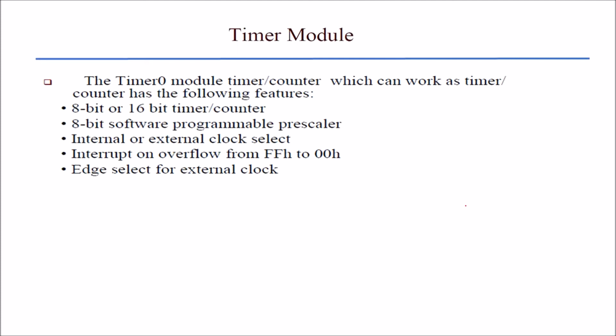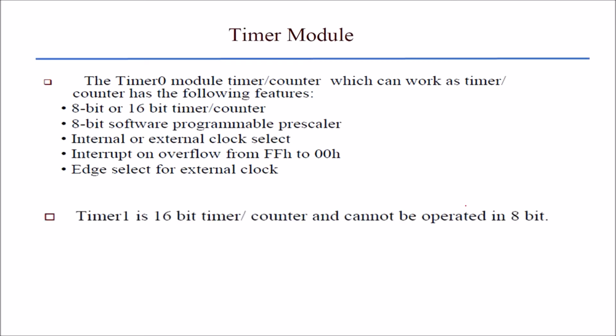Then it will set the flag bit when it overflows, when the count reaches FFH, it will reset to 00H. Edge select option is also available for external clock, whether you want to increment the timer on low to high transition or on high to low transition. That option is available. That is for timer 0.